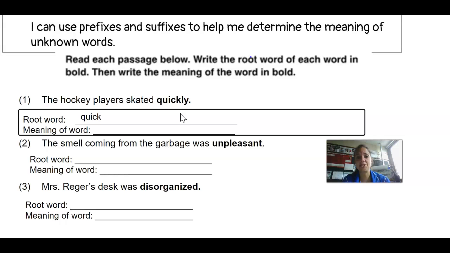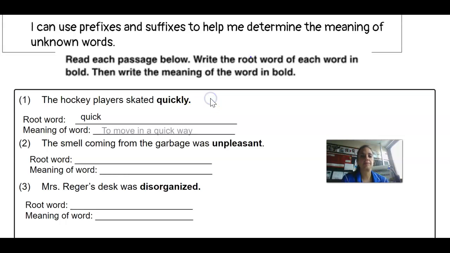Quick, does that match? Now, what is the meaning of the word? So if quick is our root word, ly means to do something a certain way. What do you think the meaning is? Let's check your thinking. To move in a quick way.